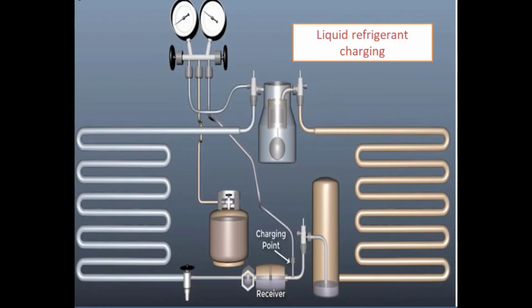We know that the compressor is not liquid refrigerant friendly, so it's better to connect on the receiver where liquid is stored, and then passes through the expansion device to the evaporator, and after that process the liquid becomes low saturated vapor, and then enters the compressor without causing any damage to the compressor.